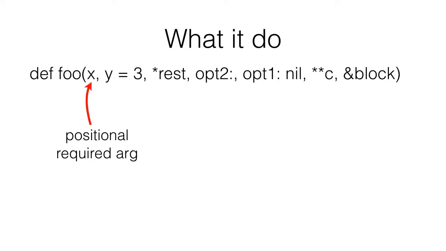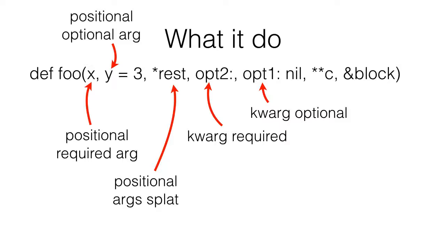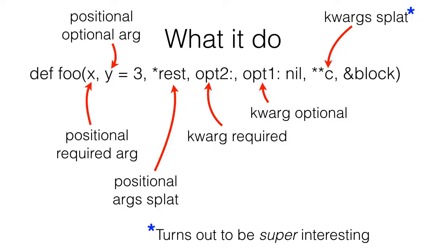So we can have a required positional argument, an optional positional argument, a positional arguments splat, a required keyword argument, an optional keyword argument, and a keyword argument splat, and you can have a block. The keyword arg splat, it turns out, is super interesting, and I'll get to that in a bit.